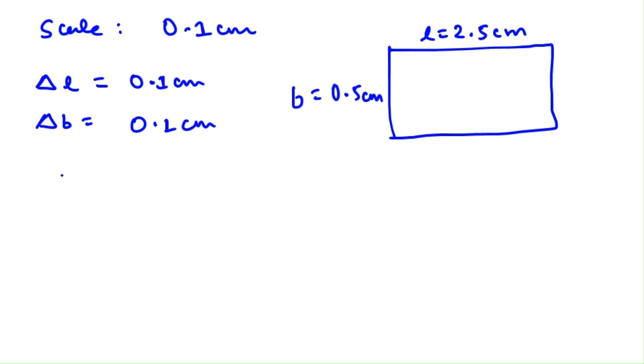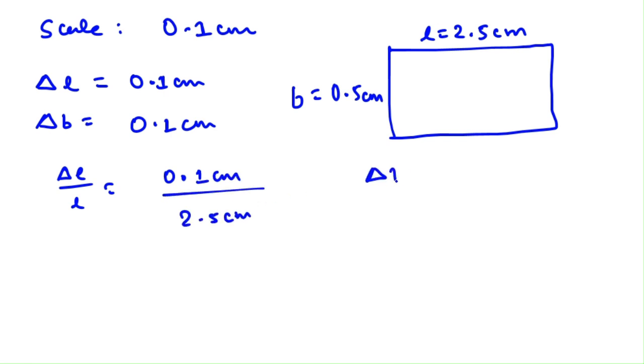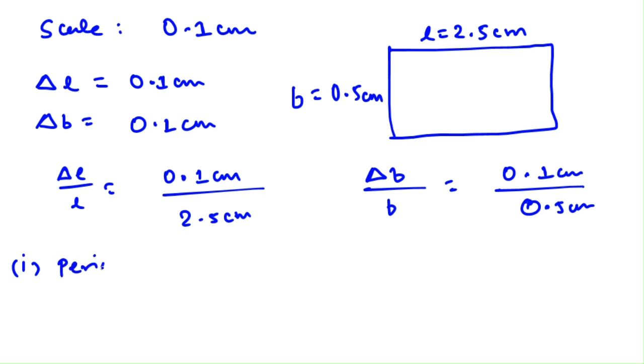Now relative error, so delta L by L will be 0.1 centimeter divided by 2.5 centimeter, and relative error in breadth will be delta B by B, which will be 0.1 centimeter divided by 0.5 centimeter.